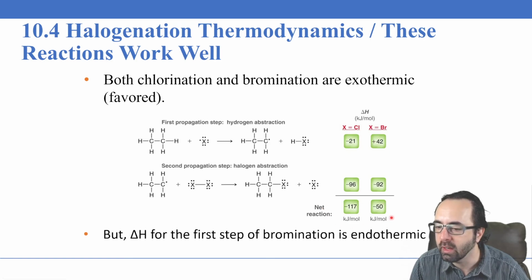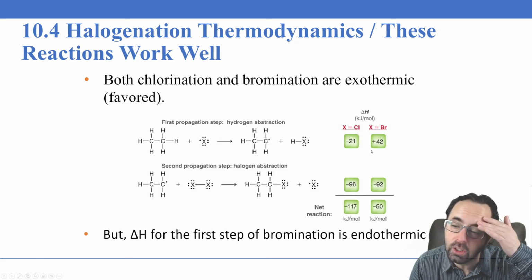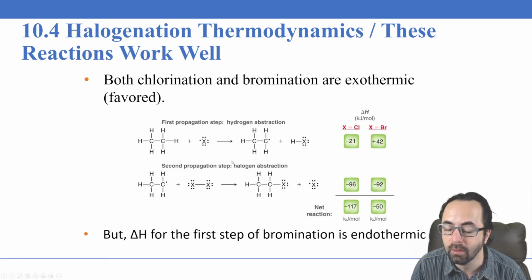And overall, the net reaction is exothermic for both, as we saw. The first step is going to be a little bit different, though. The first step is not going to be particularly favorable for the bromine atom. And that's something we'll be able to make use of: the fact that the chlorine reaction here is exothermic and the bromine is not.